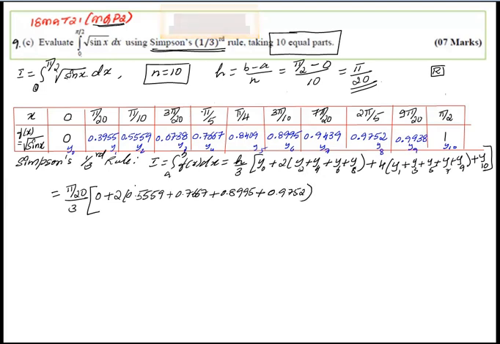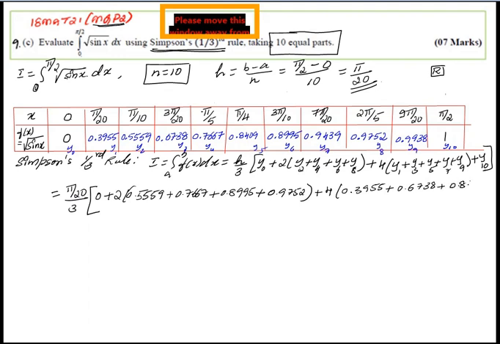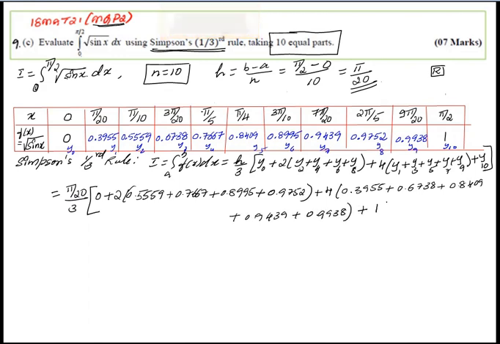Then 4 times the odd yi's: y1, 0.3955, plus 0.6738. Third value is y5, it is 0.8409, plus 0.9439, plus 0.9938, plus 1. Use your calculator.